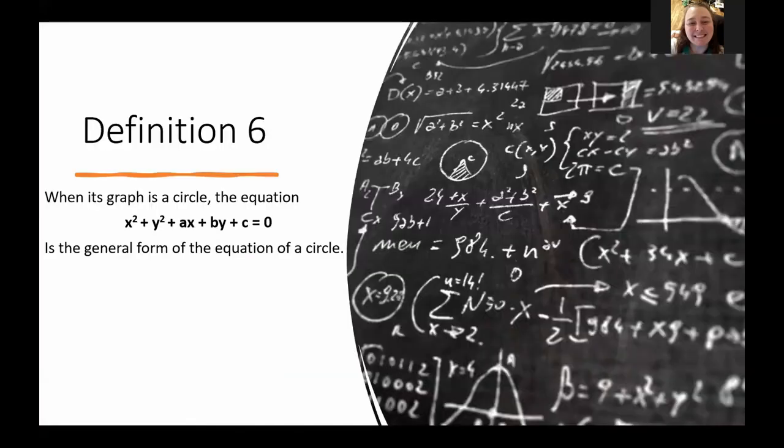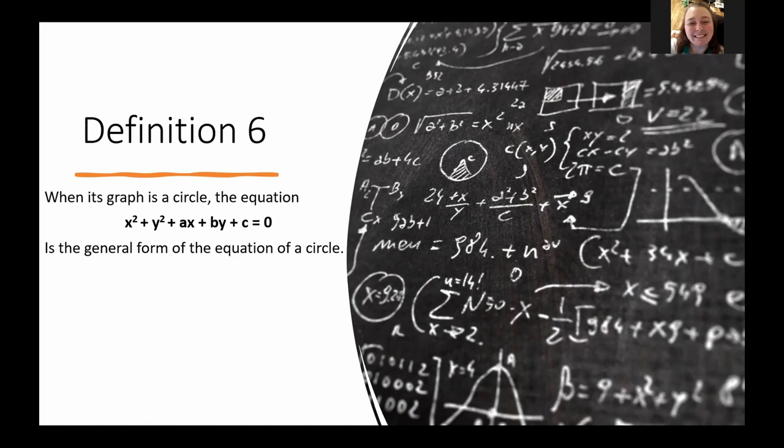So another definition is that when your graph is a circle, you're going to have the equation x squared plus y squared plus ax plus by plus c equals 0. This equation basically comes from that standard equation that we just did, the x minus h squared plus y minus k squared equals r squared, and we just solved that equation for 0.